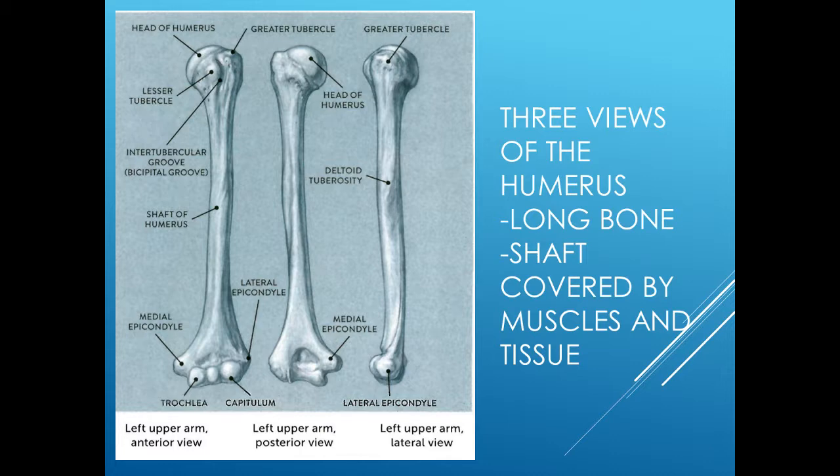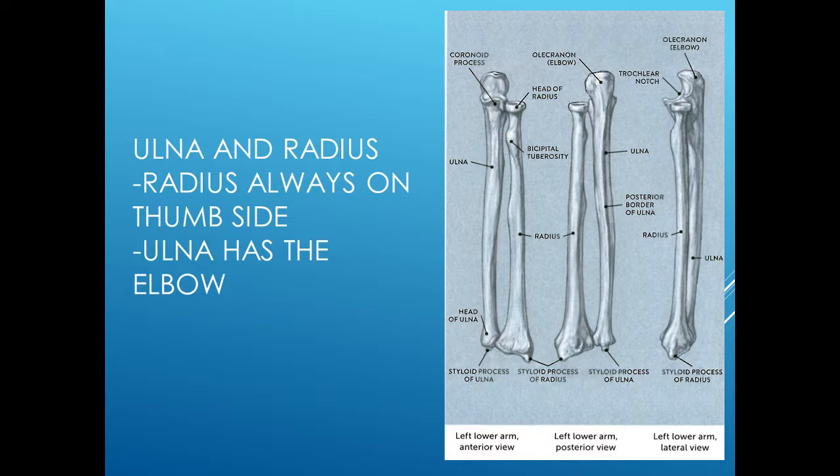And down here, the medial, and again, I know I've said it a couple times, repetition will help you remember. Medial means closer to the midline of the body. Medial epicondyle, lateral epicondyle. And then we have these areas right here that kind of aid in the movement of the elbow down there. So the trochlea and the capitulum down there. All right, very good.